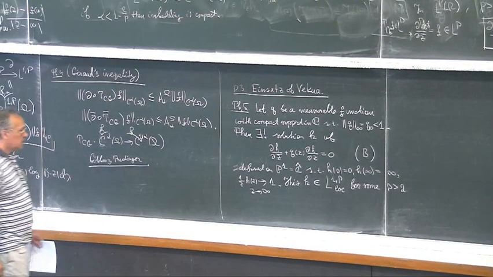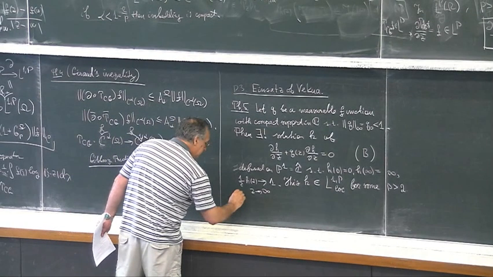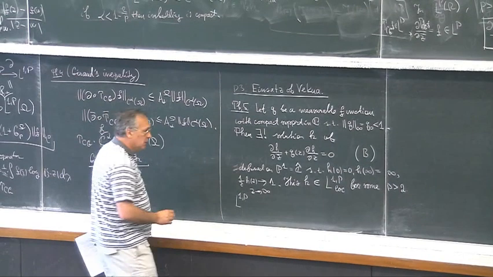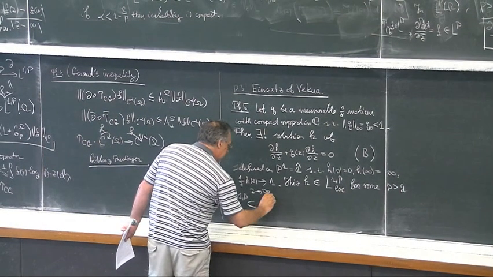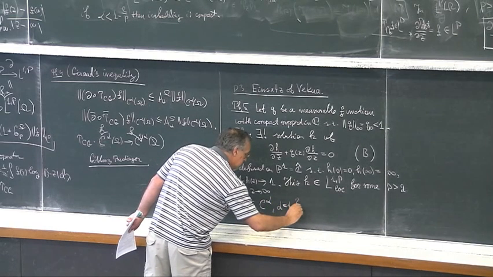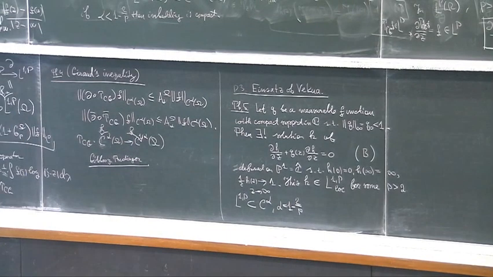Now, recall that due to the Sobolev embedding, L1p with p bigger than 2 embeds to C alpha with alpha equal to 1 minus 2 over p. So this function is Hölder continuous. It's not so bad.